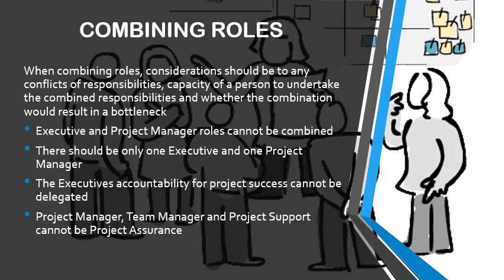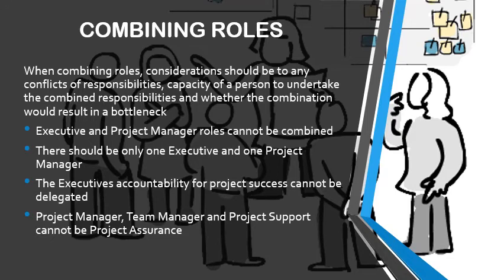So the senior user is no longer available. If the executive can take the responsibility of the senior user and has the skills to handle that, they can combine those roles. Okay? Project manager, team manager, and project support cannot be project assurance. These are key things that you need to make sure of when considering combination of roles.